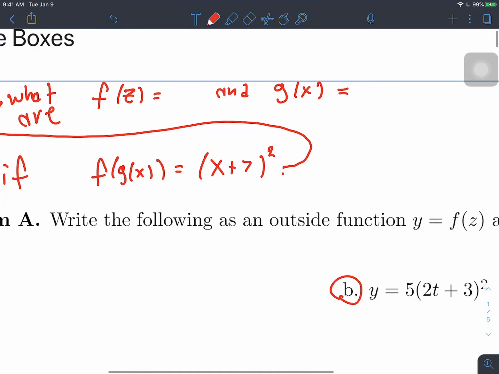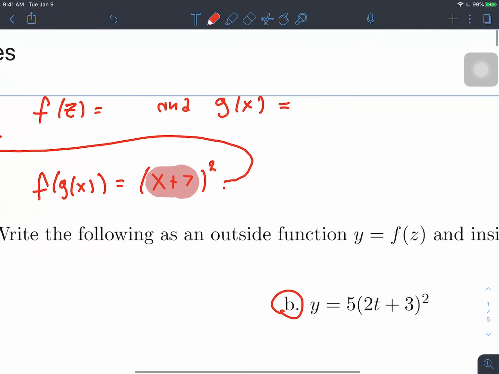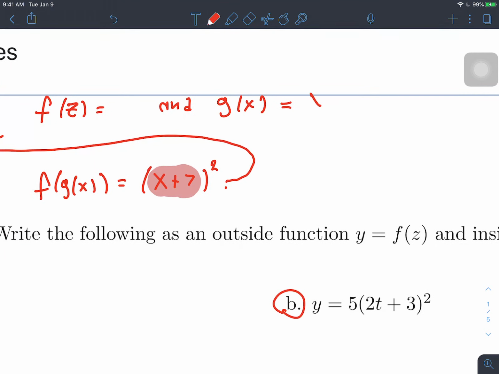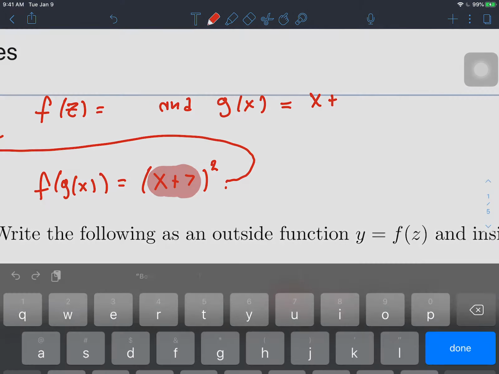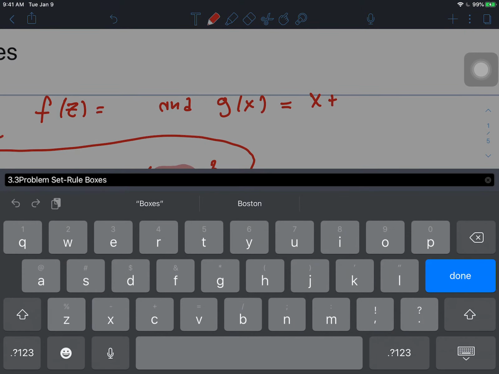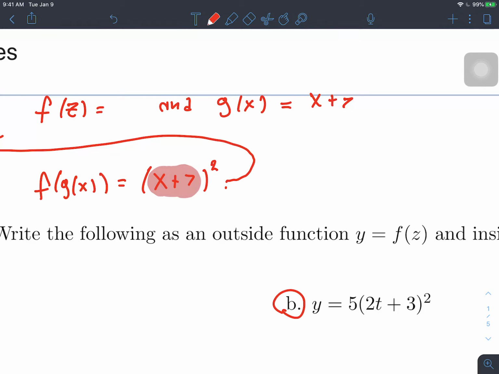So, in practice, what I would do if I was a calculus student, or I'd do it today too, I guess, is I would look for whatever's inside the parentheses. Whatever's inside the parentheses is usually your inside function. So, in our case, I would write g of x is x plus 7.